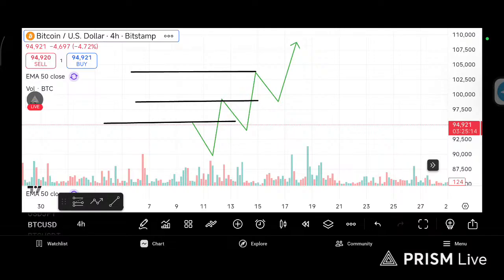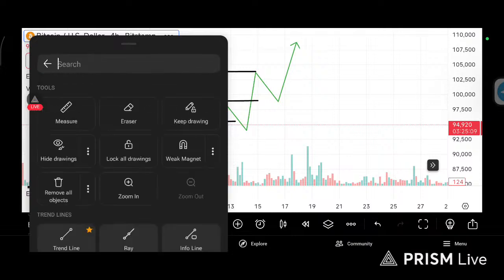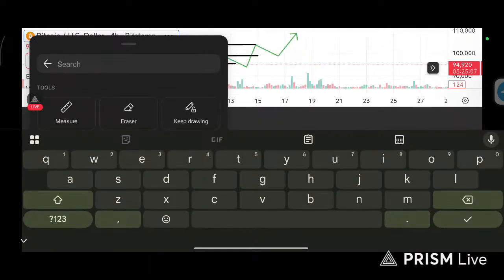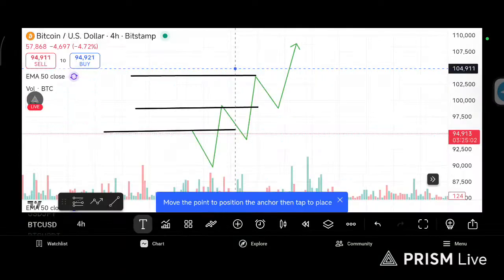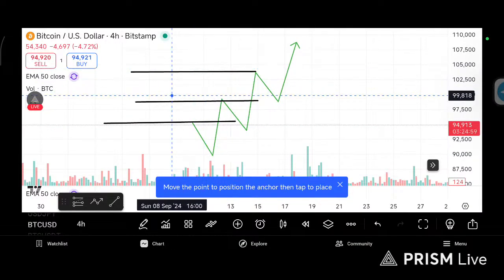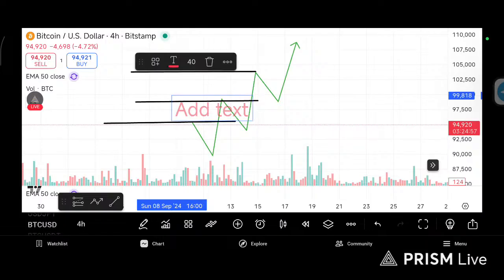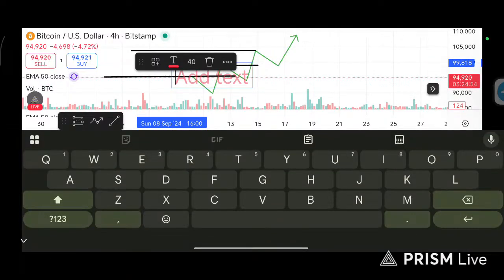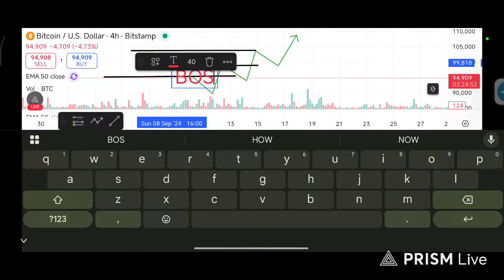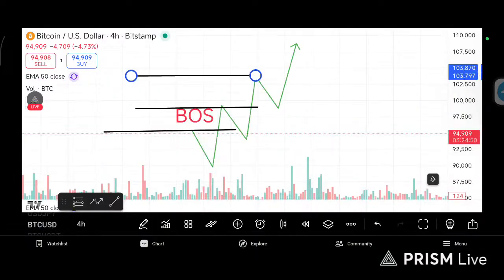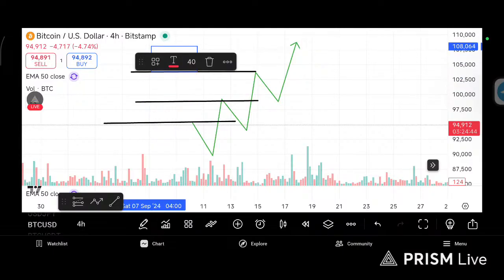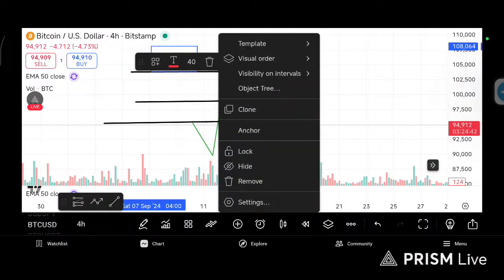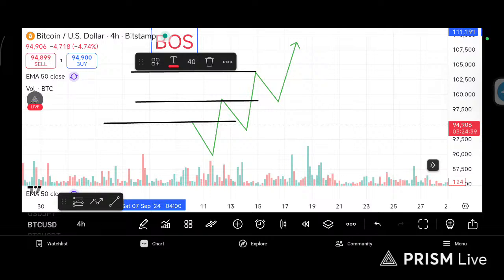Now let me come in. Break of structure. That's what we call break of structure.